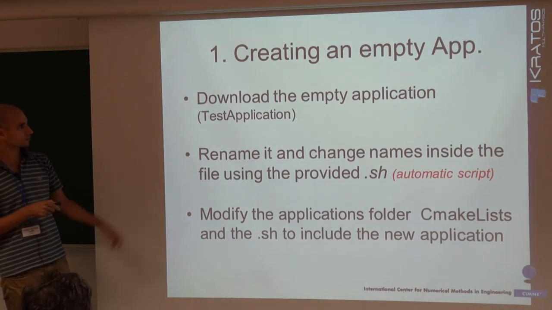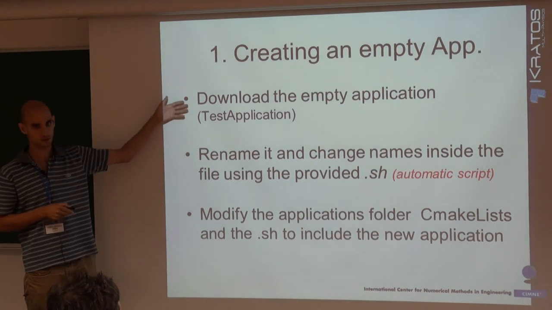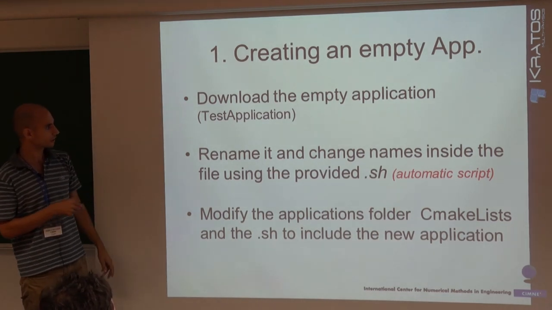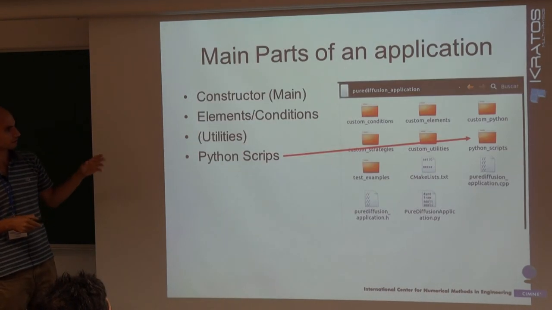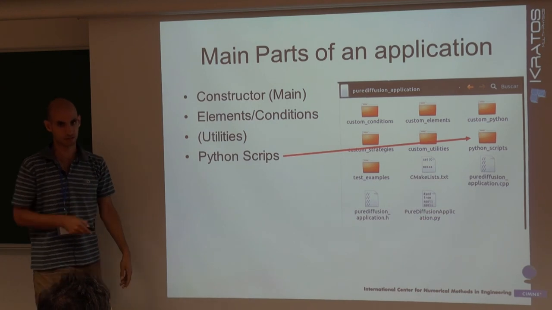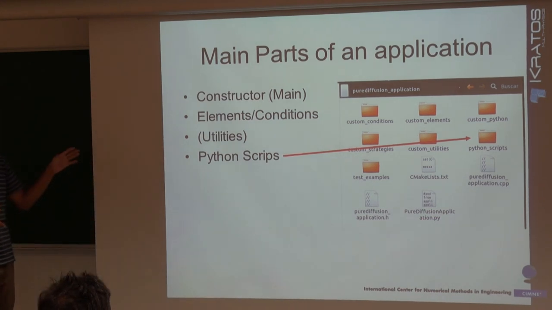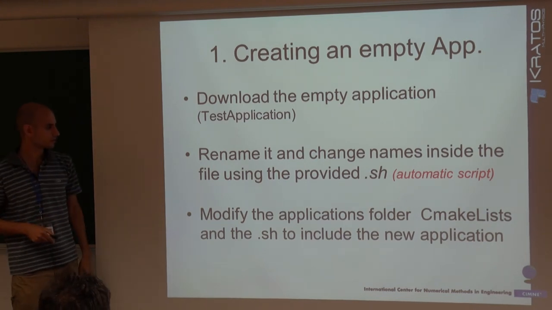So actually, you only have to define the name of the application, and automatically all the names inside of this folder will be changed. So for example, I started with this test application, and by just executing this command, I got all the files renamed to the new names. So actually, you don't have to care about renaming everything. It will be done automatically. You just decide your name, and it's done.